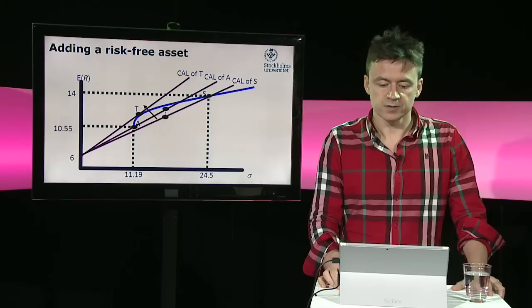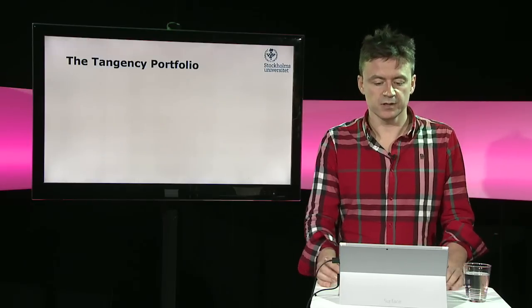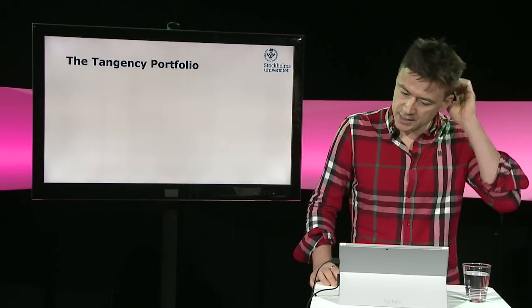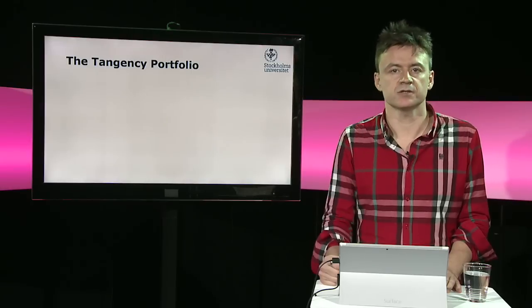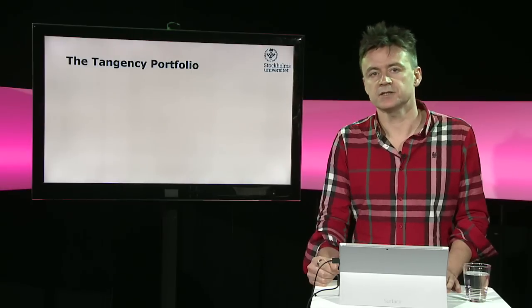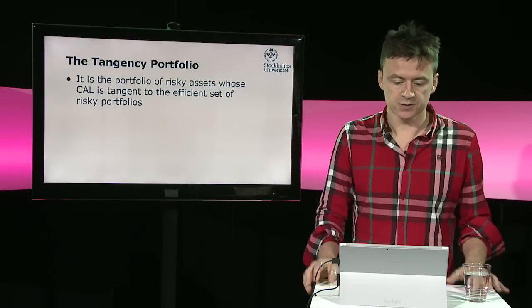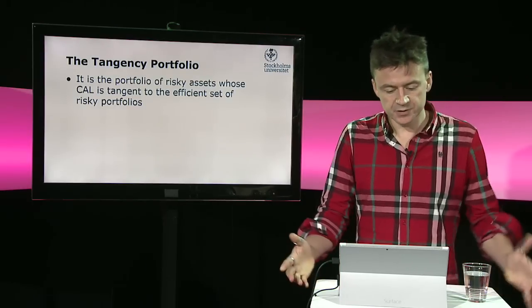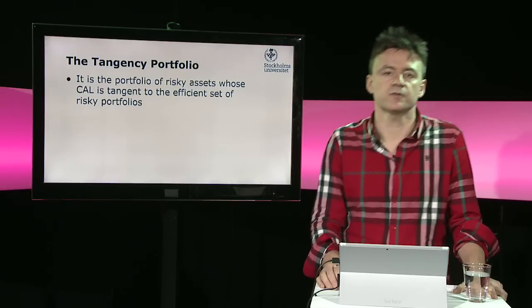Now, we have used a T on purpose because that particular portfolio we have just found is known as the tangency portfolio. It is the portfolio of risky assets whose capital allocation line is tangent to the efficient set of risky portfolios.